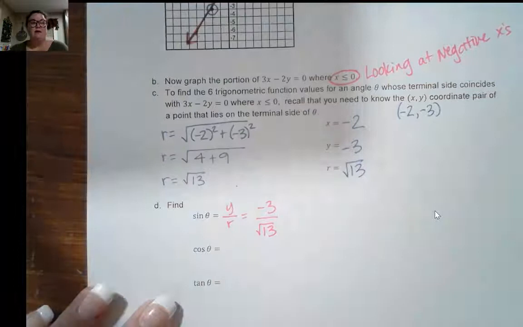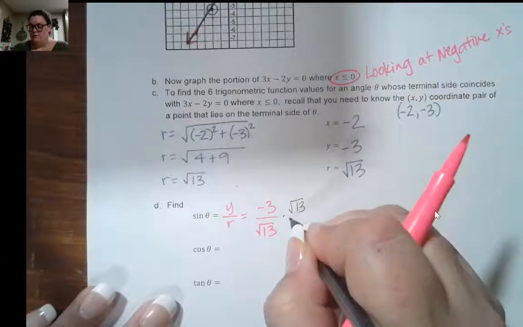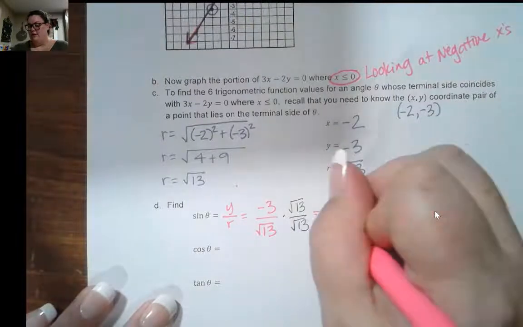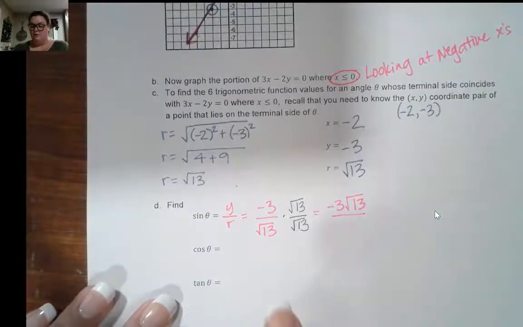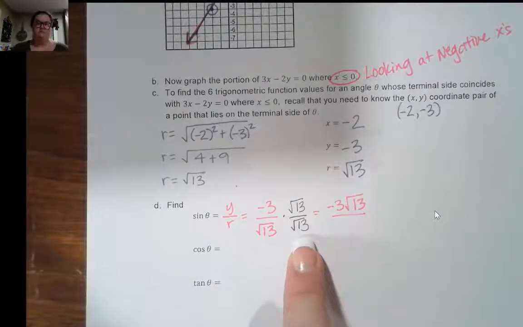And then my math lab always has us rationalize our denominator, right? So we're going to go ahead and just multiply on top and bottom by the square root of 13 over the square root of 13. Okay. So we end up with negative 3 square root of 13 over square root of 13 times square root of 13, which gives me square root of 169, which is then just 13.